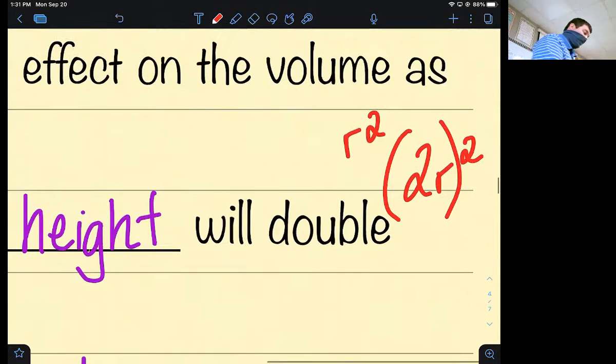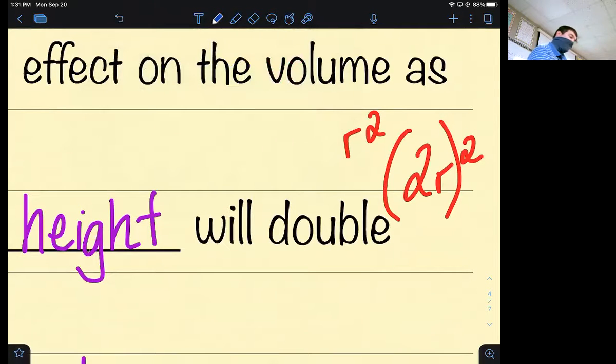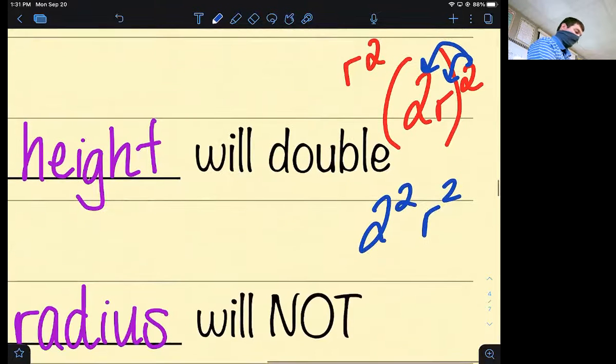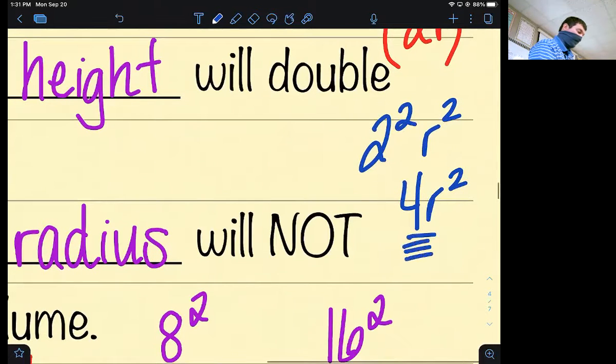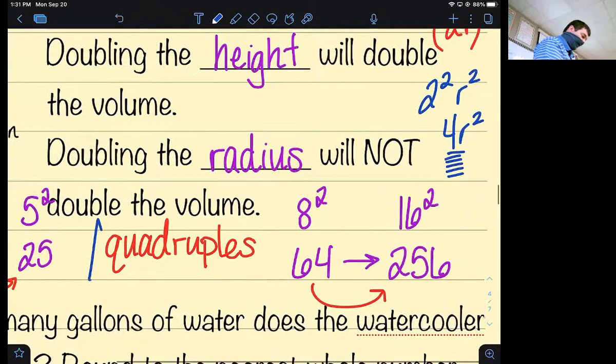But actually, when you have something like 2r, twice the radius, being squared, you actually take the exponent and you distribute it to the numbers in the parentheses. So it's actually 2 squared r squared. And what's 2 squared equal to? 4. So as Xander said, it quadruples it because when you double the radius, it becomes 4 times the radius squared, not 2 times the radius squared. And so it quadruples it.